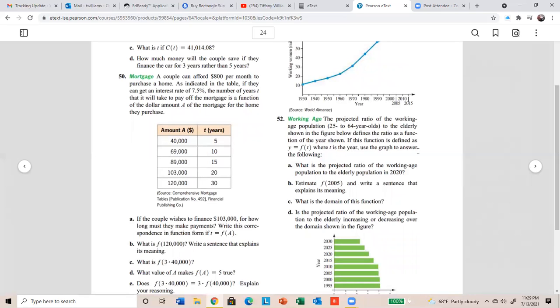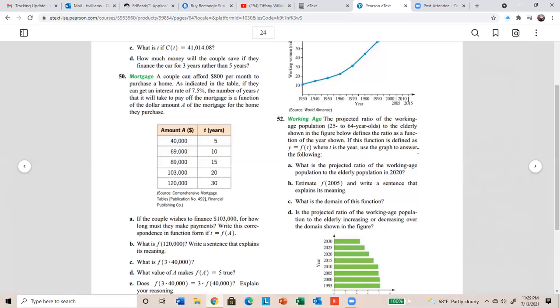As indicated in the table, if they can get an interest rate of 7.5%, the number of years T that it will take to pay off the mortgage is a function of the dollar amount A of the mortgage for the home they purchase. And we've got all this information. So if the couple wishes to finance $103,000, for how long must they make payments? And we're going to write this correspondence in the form of T equals F of A.